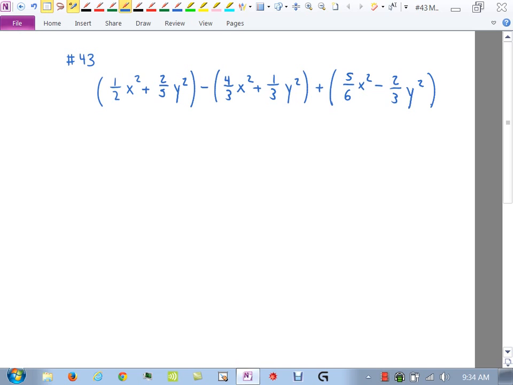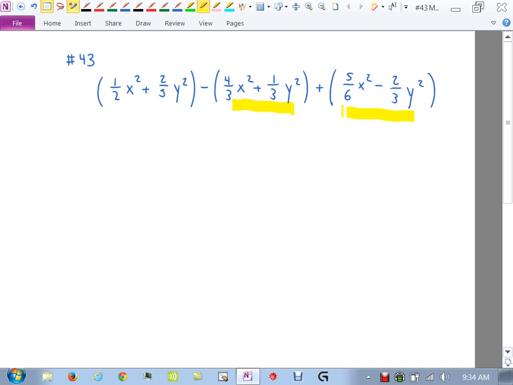So what we'll want to do is first see if inside the parentheses there's anything we can do to combine like terms together. What we see is that inside the parentheses they are not like terms, right? We have x squareds and y squareds. We can't combine those. But if we remove the parentheses, then we can start putting stuff together.